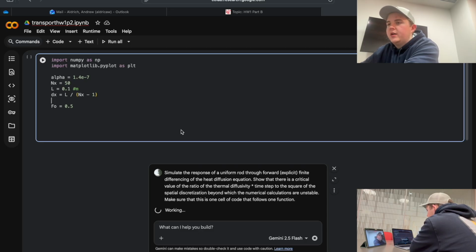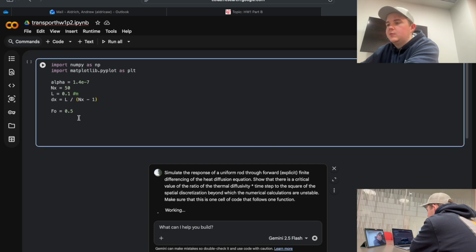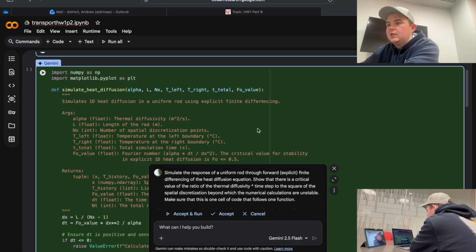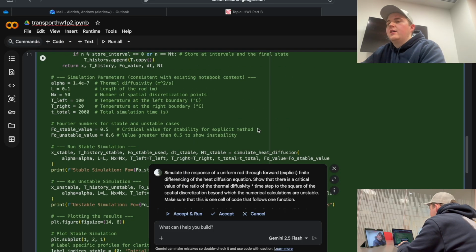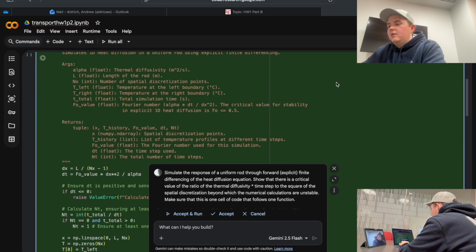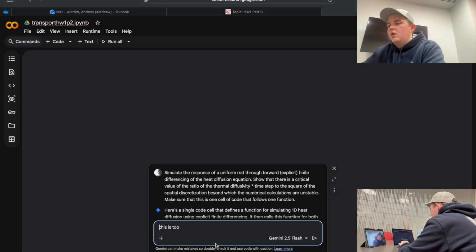Hopefully it doesn't totally change what I already have here. And this is exactly what I mean when I say Gemini likes to go all out. Let me cancel. This is far too much.